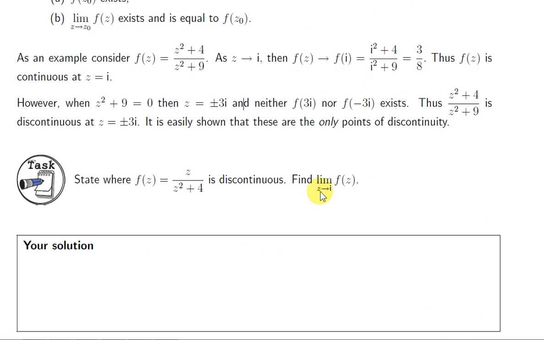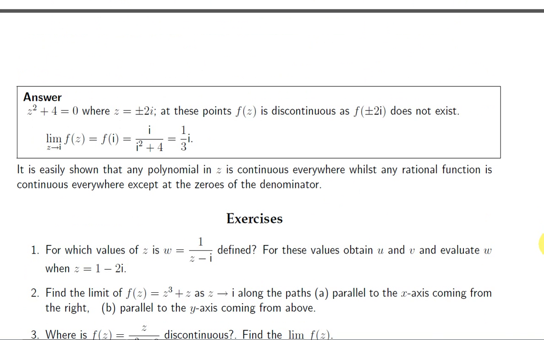Next, we want the limit as z tends towards i of f of z. Now, the function is continuous at i. So, to calculate this limit, we just get f of i. We just plug i in for z. And we get i over minus 1 plus 4.